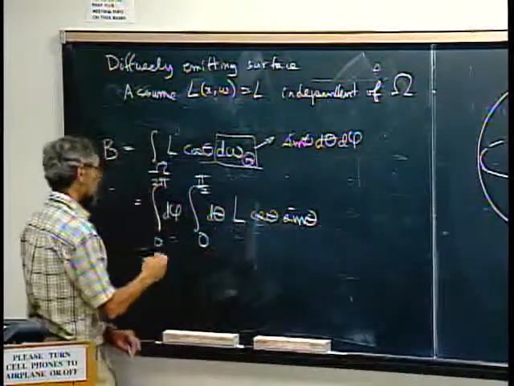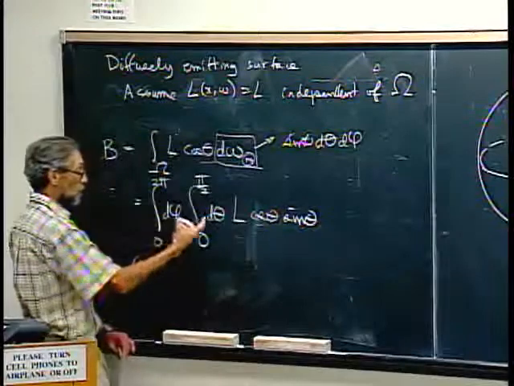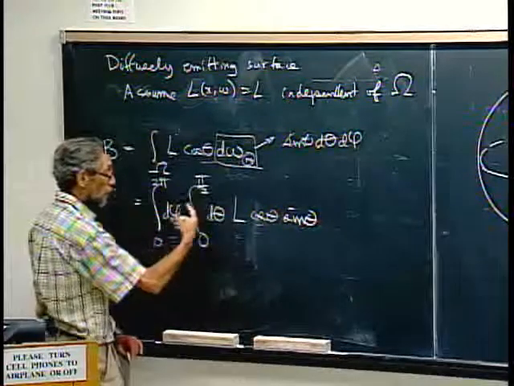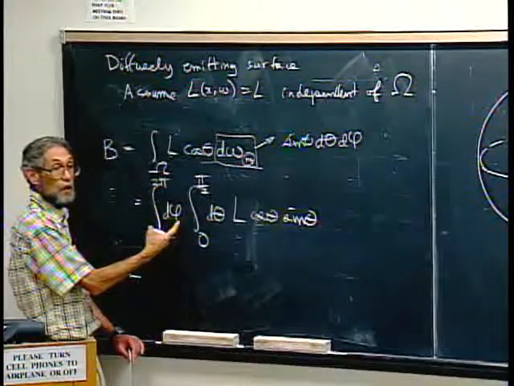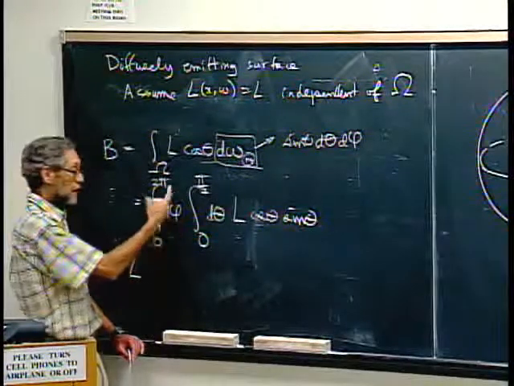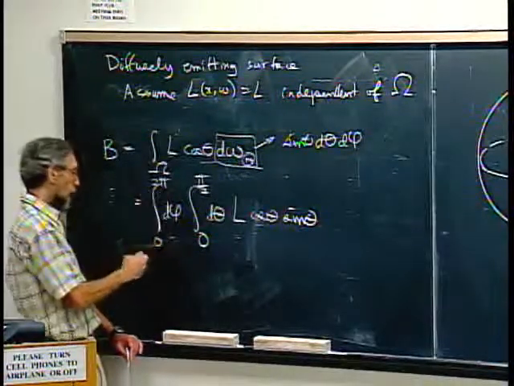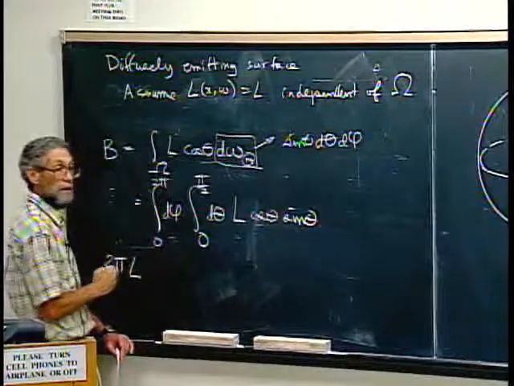And now I can take L out of this integral as a constant, and also this part here doesn't depend on phi, right? It only depends on theta. So I can integrate d phi as just 2 pi.